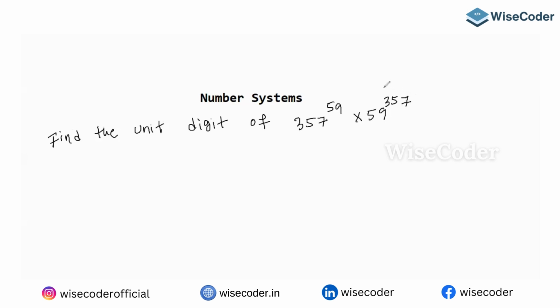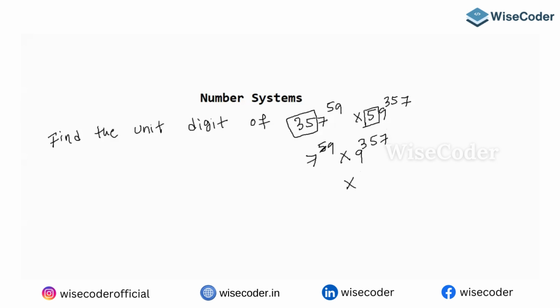How is the unit digit going to come into the picture? Guys, whenever you want the unit digit, ignore these numbers. So this is 7 power 59. And this is, guys, 9 power 357. This is where your logic is going to be applied.